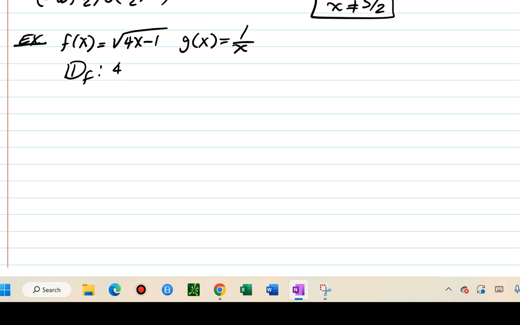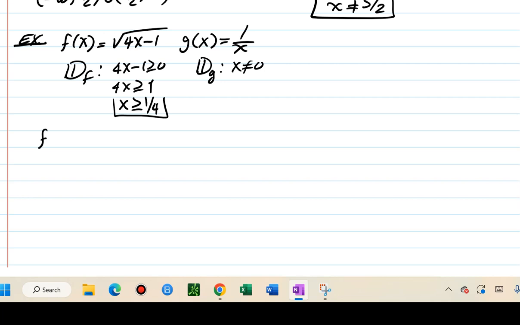Domain of f, for square roots, the radicand must be non-negative. 0 is the minimum it can be. Therefore, domain of f is x greater than or equal to 1/4. Domain of g, well, g can be anything except division by 0, so x cannot be 0. So keep in mind, g cannot handle 0, f cannot handle anything below 1/4.